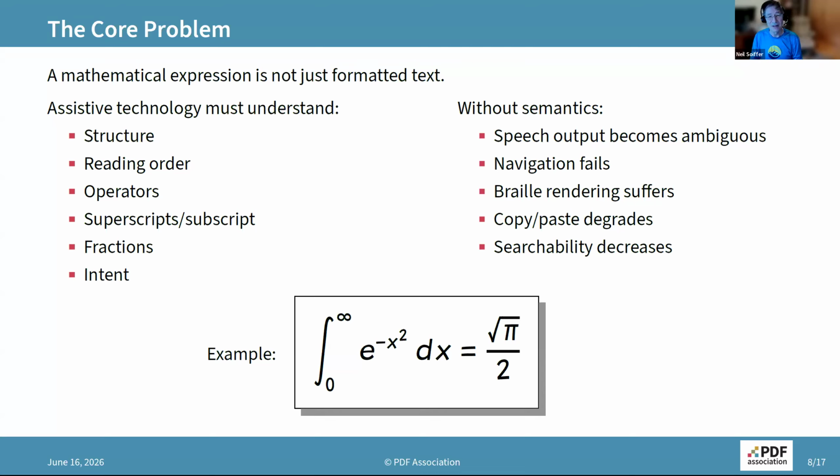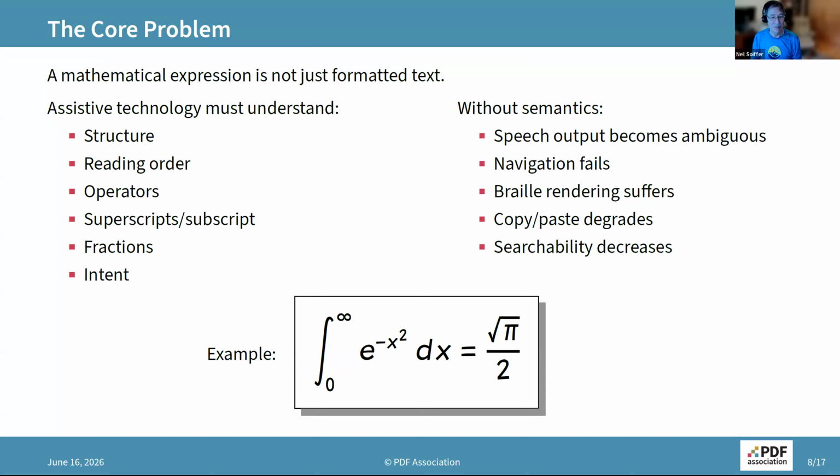So again, the assistive technology, whether it's a screen reader or a learning disability tool, knows what the audience is, and the users often have some control about that. The navigation fails because it's just a jumble of text that was drawn on the screen if you didn't have the MathML, but with it, there's structure and order. And again, the Braille, you can't read it if you don't understand what the math is.